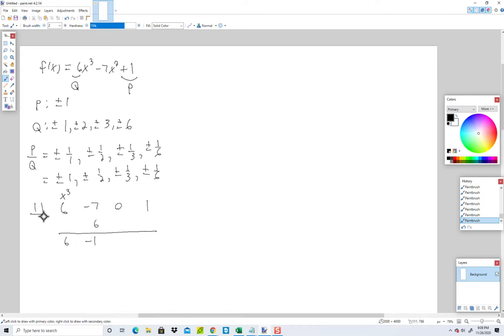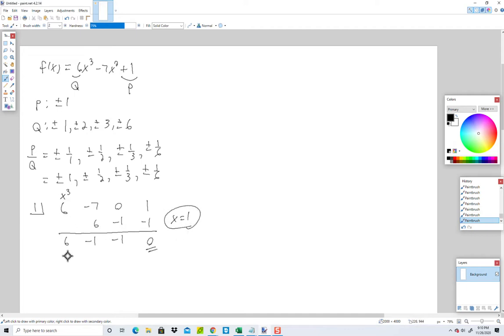Add, that's -1. 1 times -1 is -1. Add, -1. Multiply: 1 times -1 is -1. And we get a 0. Boy, that's pretty lucky. Let me double check that. Yeah, sure enough. This 0 means you found your first answer. So x equals 1 is our first answer.